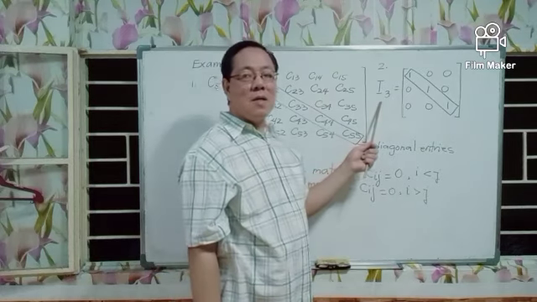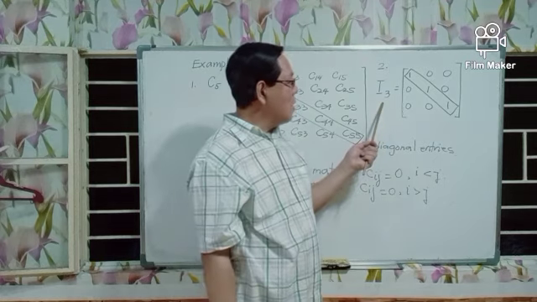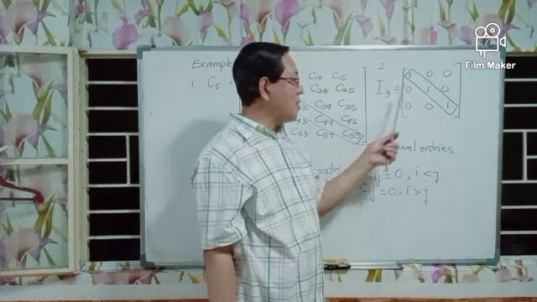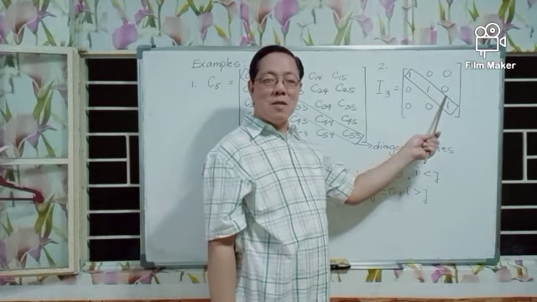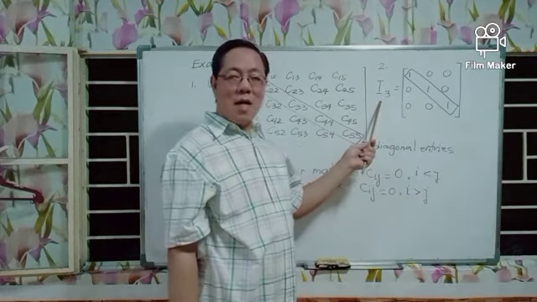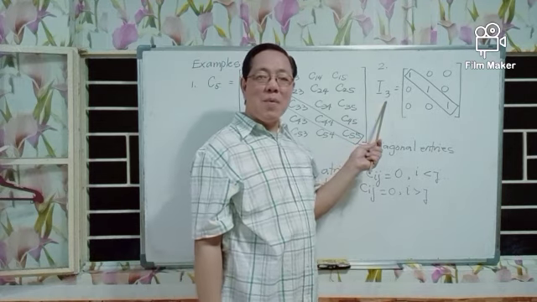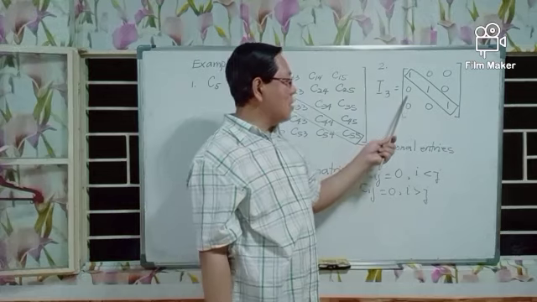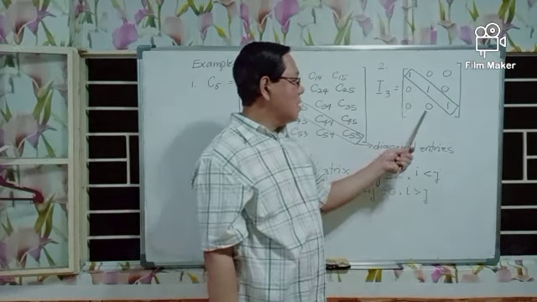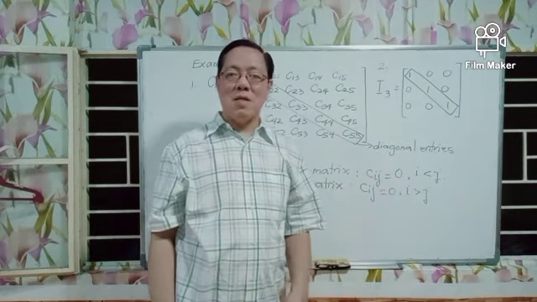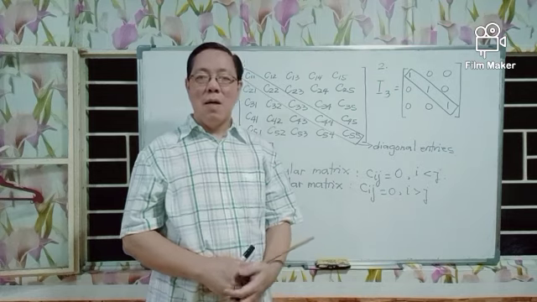In particular, this identity matrix 3 by 3 is a lower triangular matrix because all the entries above the diagonal are 0. And this identity matrix 3 by 3 is also an upper triangular matrix because all the entries below the diagonal are 0. Hence, the identity matrix is both an upper and lower triangular matrix.